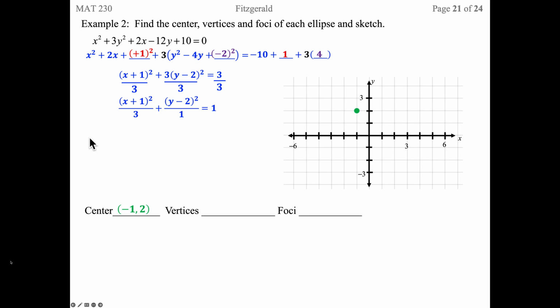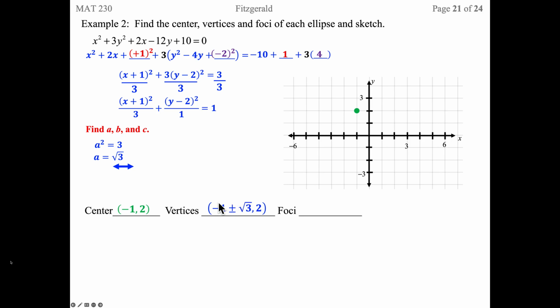So my center, find the x, change the sign, negative 1, find the y, change the sign, positive 2, plot that point. We'll go ahead and find a, b, and c, so 3 is the bigger value. It's underneath the x, so we're going to count left and right, the square root of 3, which is approximately 1.7-ish. So negative 1 plus or minus the square root of 3, 2, that's going to be the location of my points.